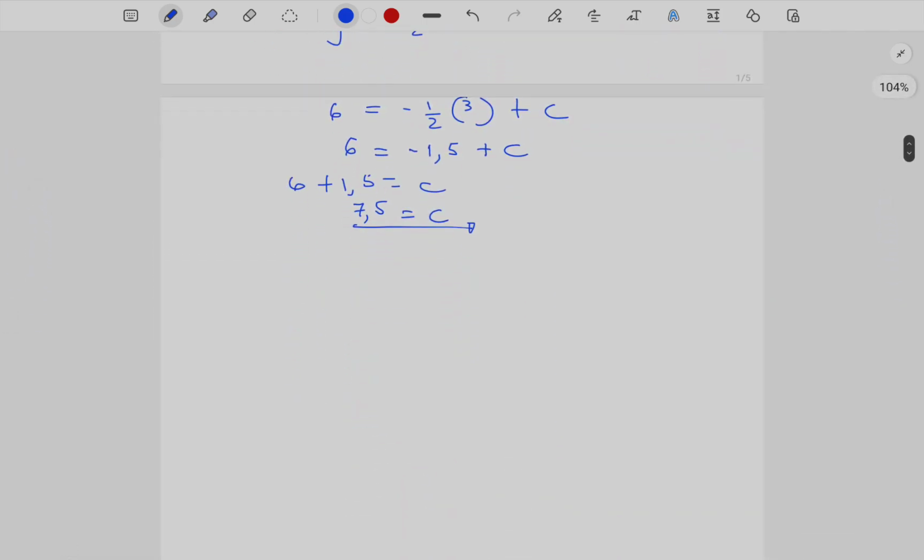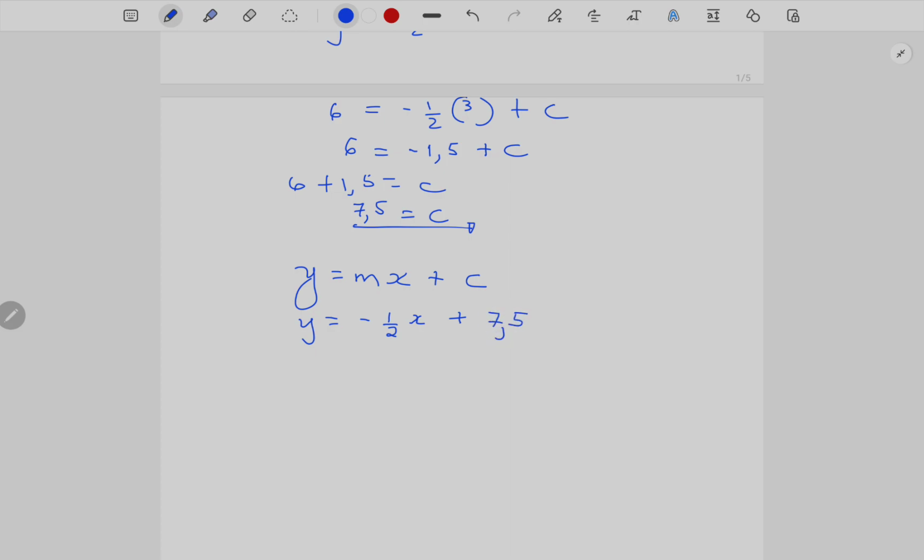Okay, so we've got m, we've got c. Now let's substitute. In place of y is equal to mx plus c, y is equal to the value of m we've calculated, negative 1 over 2x, then the value of c, positive 7,5.